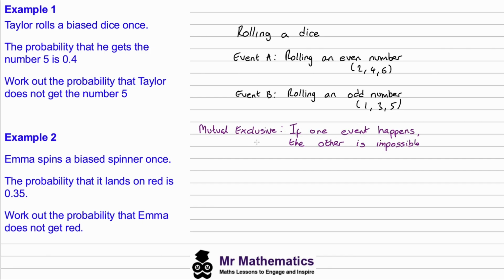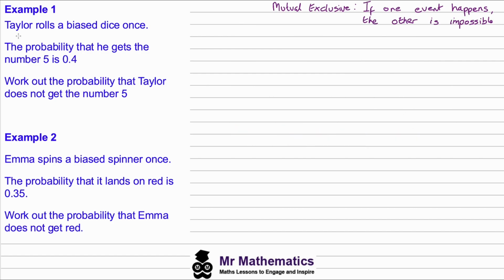So as we progress through this video, we're going to be using this idea. So if we look at example 1, we're told that Taylor rolls a biased dice once, and the probability that he gets the number 5 is 0.4. Work out the probability that Taylor does not get the number 5. So these are mutually exclusive. You can either get a 5, or you can get a not 5, which is 5 dash.